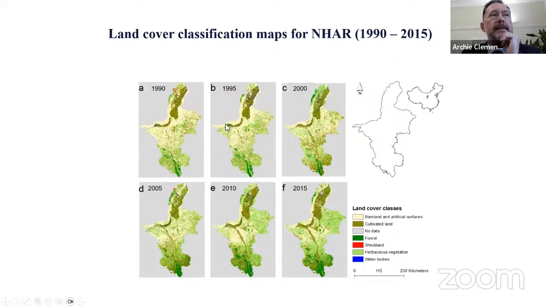And we can see that there's been significant landscape modification in Ningxia, which is this region of China. And that's reflected in the land cover classes that we see. This is information derived from satellite remote sensing. And you can see the emergence of the dark green land cover type in the bottom of the map. And we believe this is driving risk of echinococcosis in this region of China.